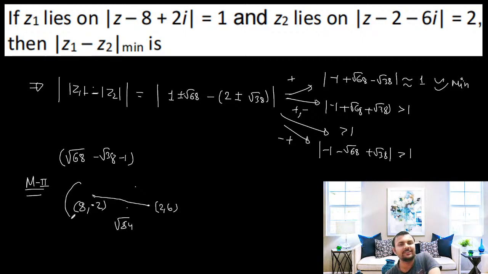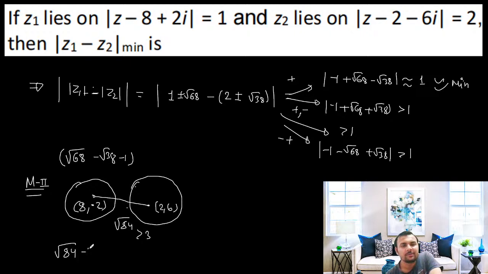Now this is a circle. Root 84, this is 2, this is 1. Root 84 is more than 3. That means if we calculate the distance between them and minus 3, root 84 minus 3 is the minimum distance.